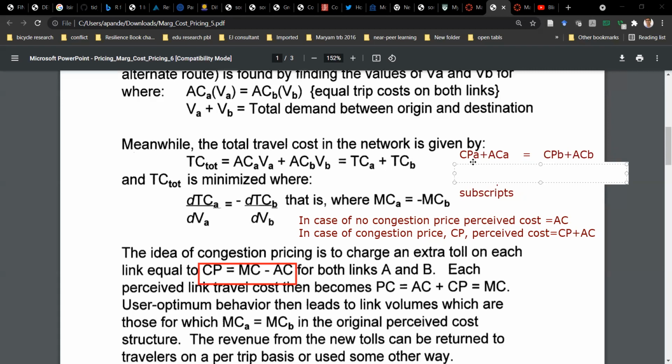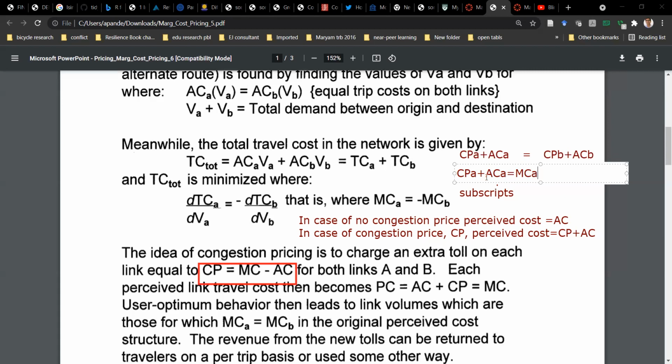So as a planner, what do you want CPA plus ACA to be? You know that if the perceived cost of the drivers were in fact marginal cost, it will minimize the total system travel time. So that's what you want as a planner: the sum of CPA plus ACA to be MCA.